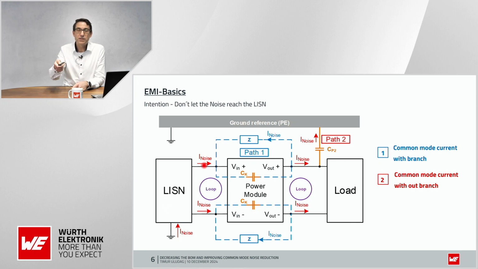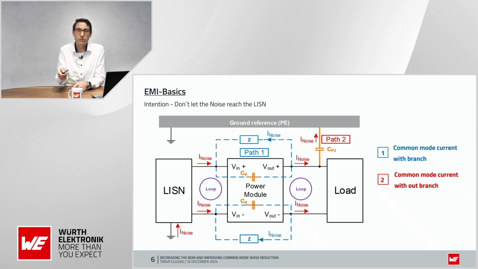Normally, path 2 of the common mode noise goes out of the power module and through the ground reference, and the circuit is closed.